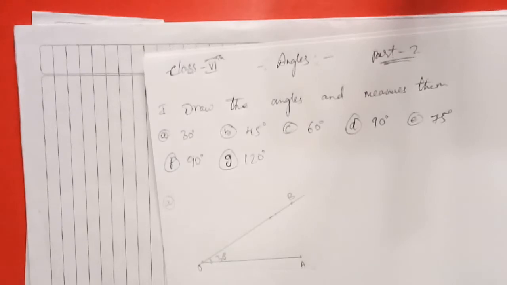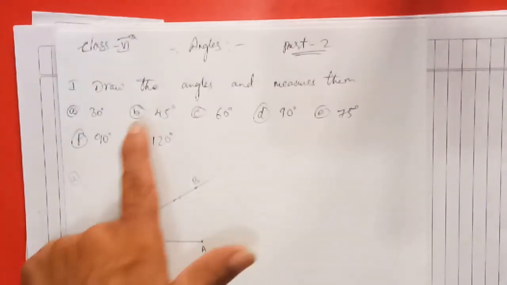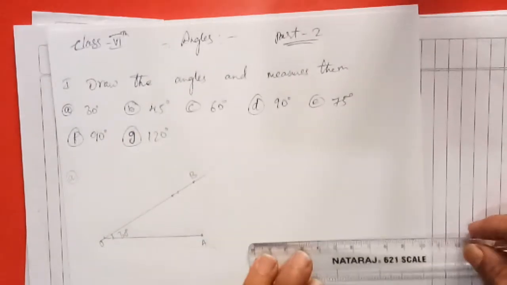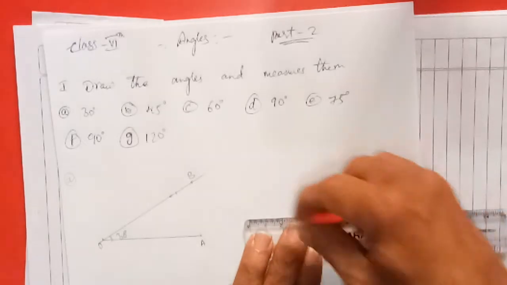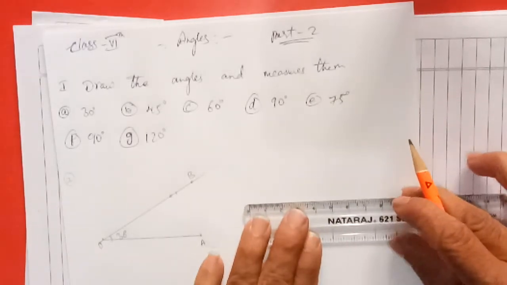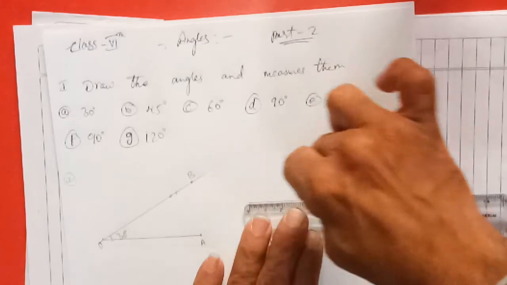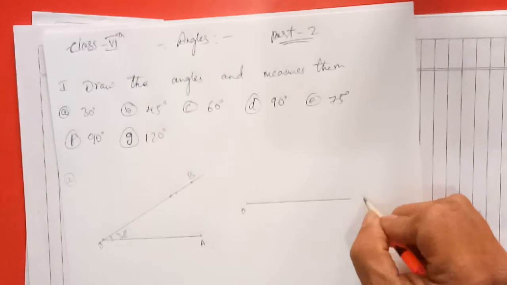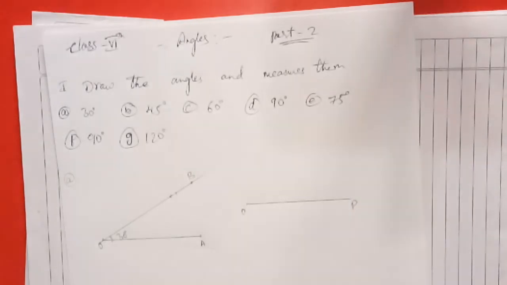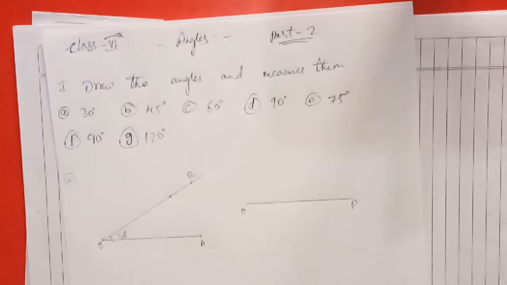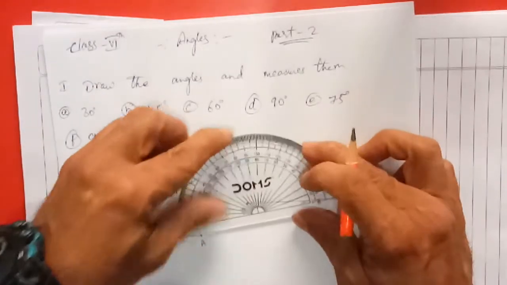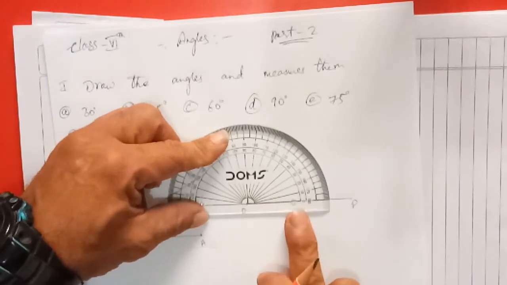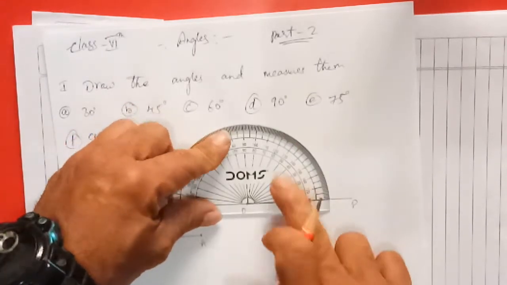Similarly, I will draw and show you the second angle, B1, 45 degree. First we have to draw a baseline, either 5 centimeter or 6 centimeter, no problem. I will draw it here, 6 centimeter or so. Give O as the center, and this is P, no problem. After that, keep your protector on the point 0 at O, with the protractor line lying on the baseline, and mark 45 degree.